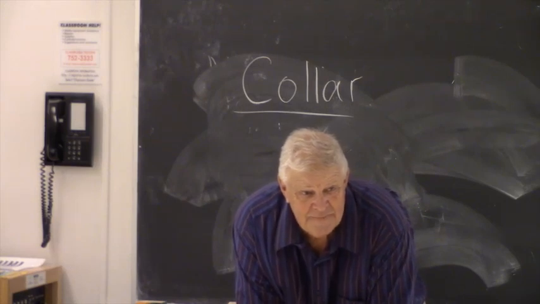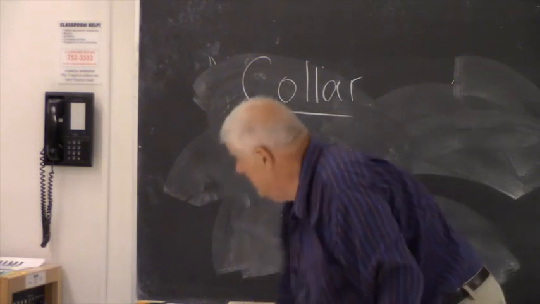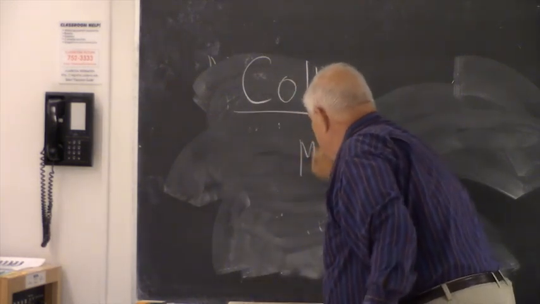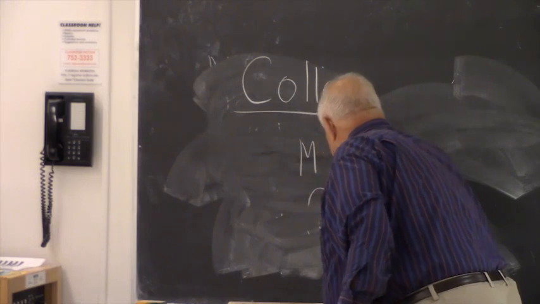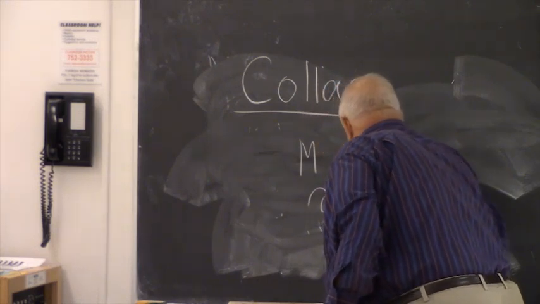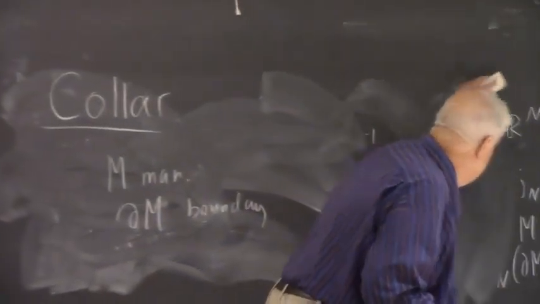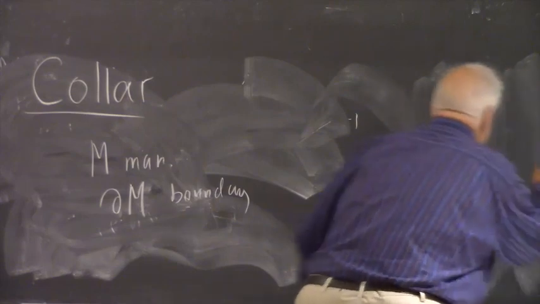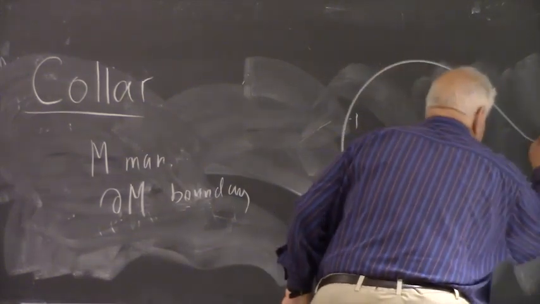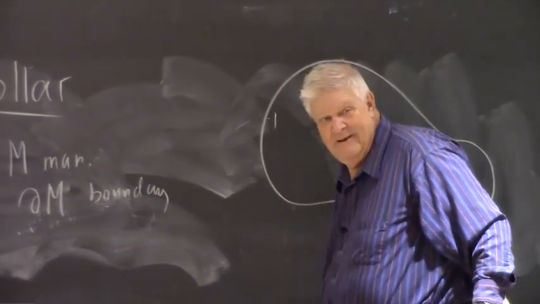Now, what is this? Suppose that we have a manifold with boundary. So M is a manifold, dM is its boundary. And to make it better understandable, or worse understandable, I will draw a picture. So this is my manifold with boundary.